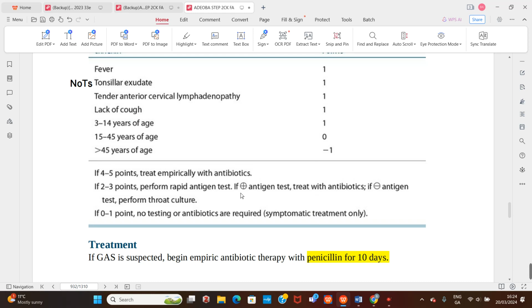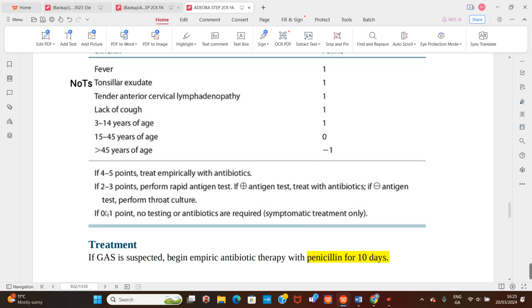So if the culture is negative, you treat symptomatically. If the throat culture is positive, you give your antibiotics. So if the person scored 0 to 1, this is low chance of GAS. You don't bother doing any culture, you don't bother doing any antigen test. You just treat symptomatically as if it's viral.